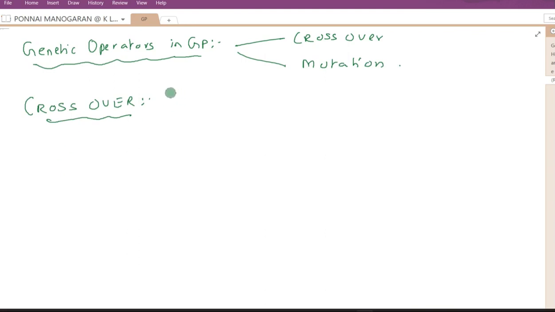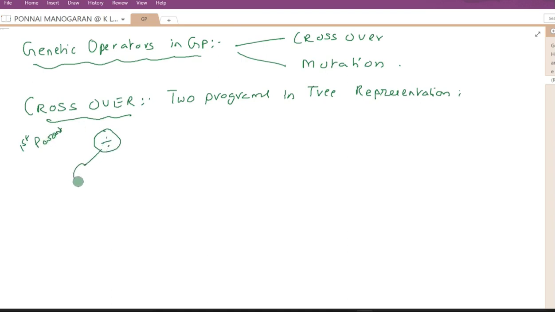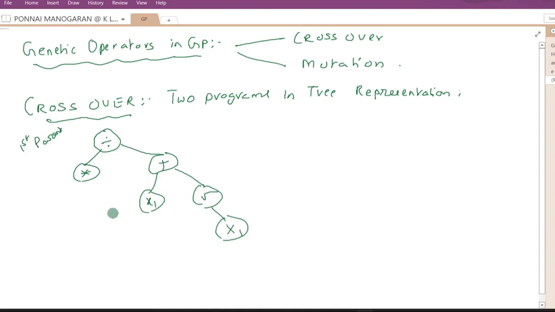Let us take the first parent: division, this is multiplication, this is plus symbol, x1, root operator, x1, root operator, and x2.